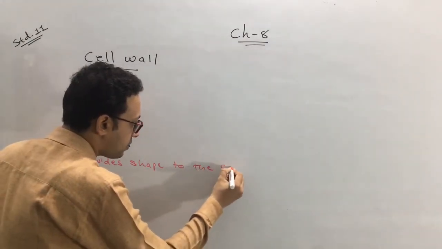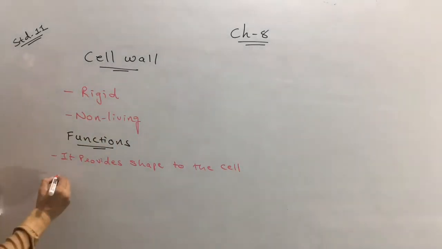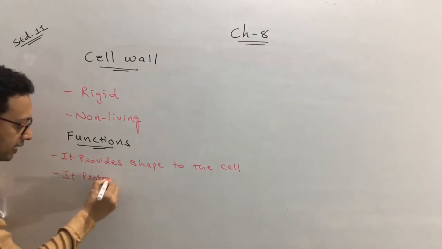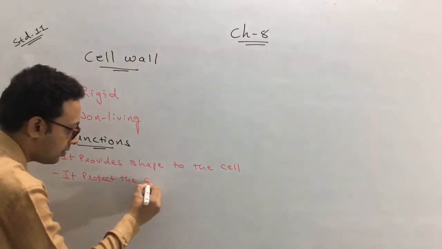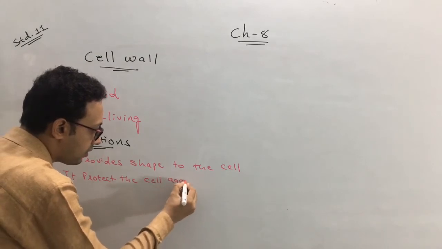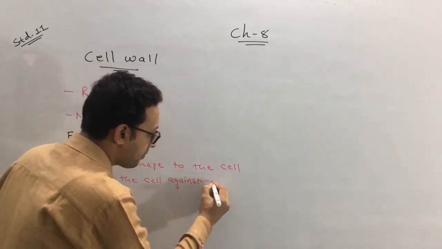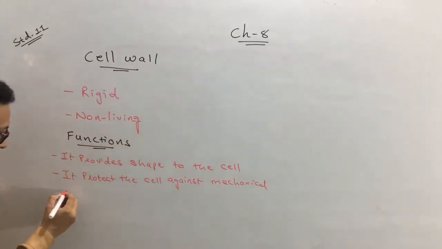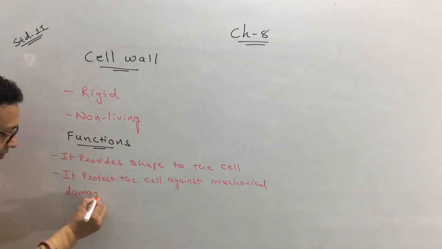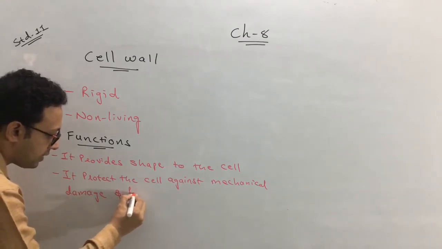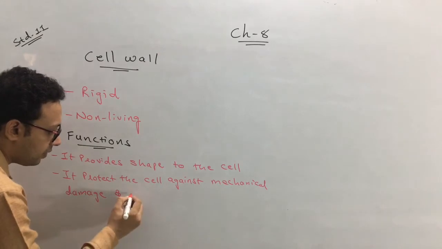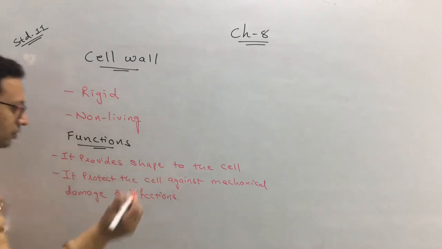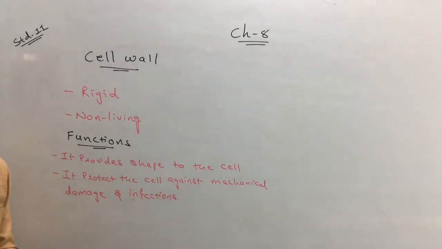The second function: it protects the cell against mechanical damage and infections. So this is the second function of a cell wall.